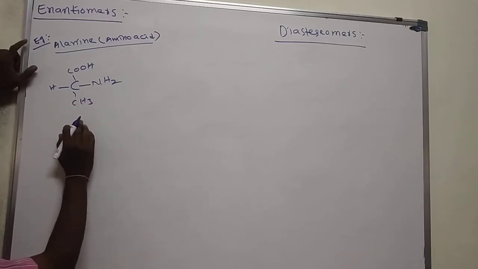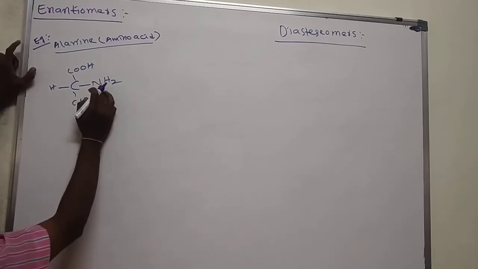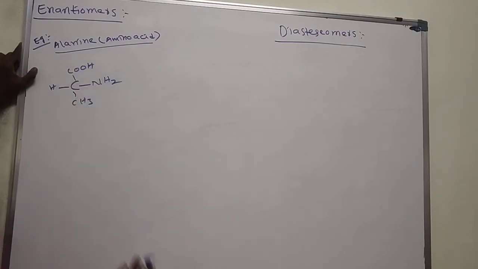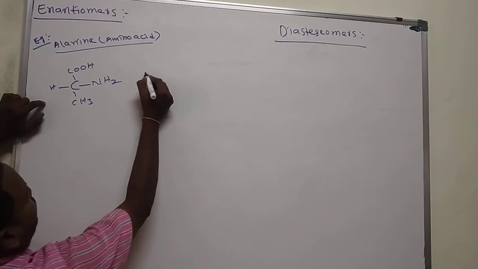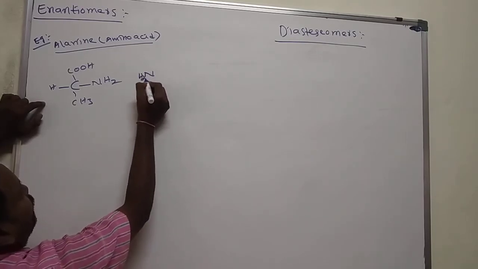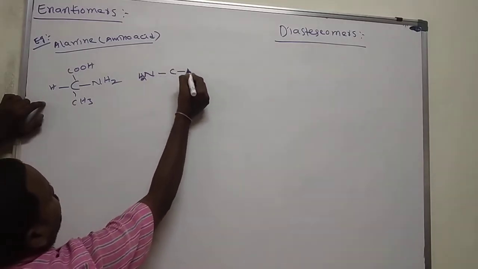This is the alanine amino acid. It contains amine and carboxylic acid functional groups, so we call it an amino acid. And here I am writing one more amino acid with the opposite configuration.